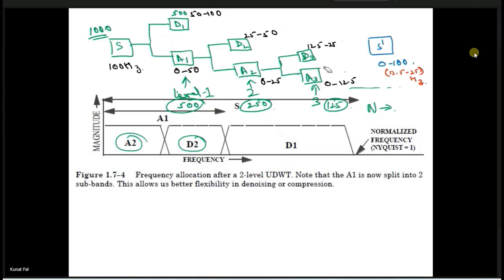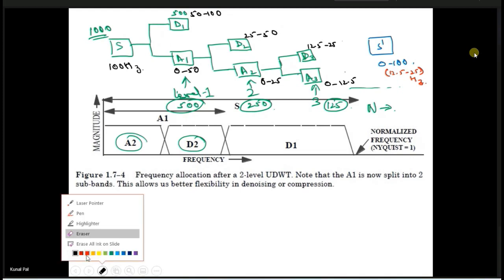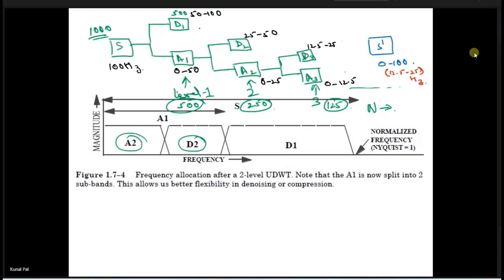So in that case, another type of transform has been developed, wherein along with the approximate coefficients, the detailed coefficients are also decomposed. Okay, so it looks something like this.